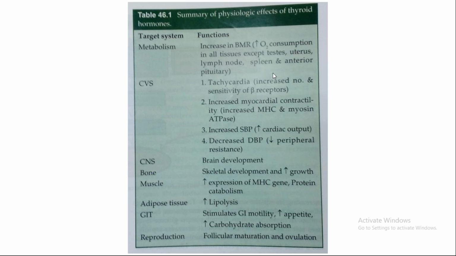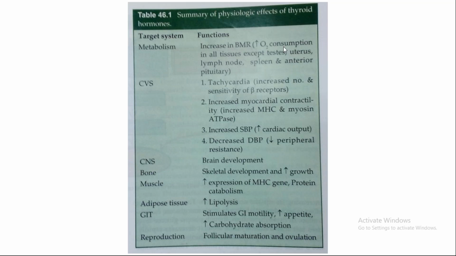Except a few tissues. Which are these few tissues which are not utilizing the thyroid hormone? You can see the list: the anterior pituitary, adult brain, gonads, testes and ovary both, uterus, lymph nodes, spleen. These tissues do not show the thermogenic response.